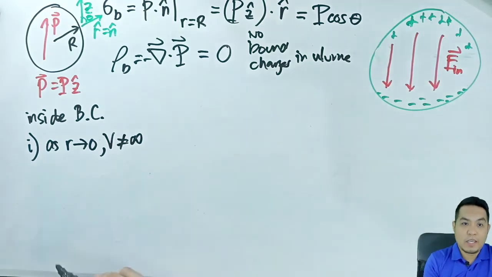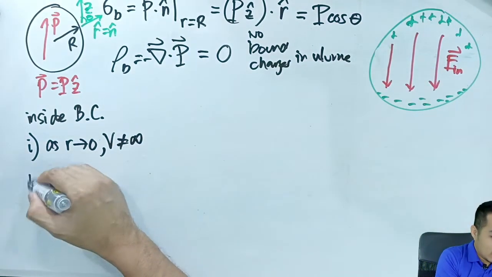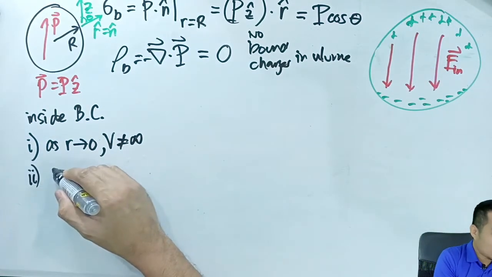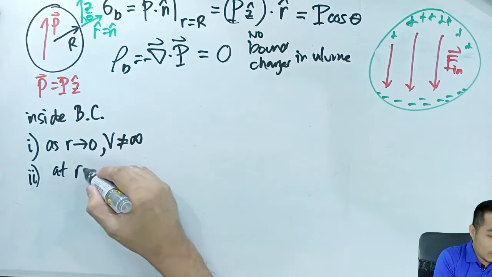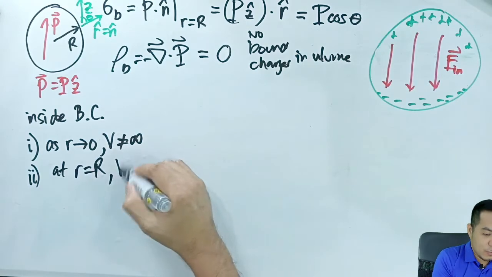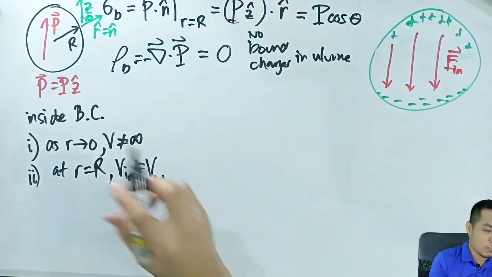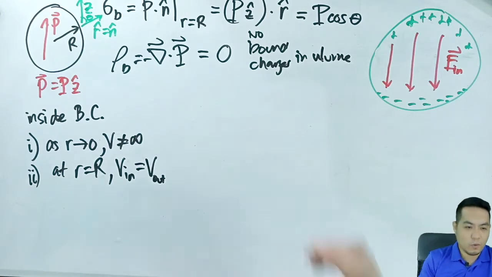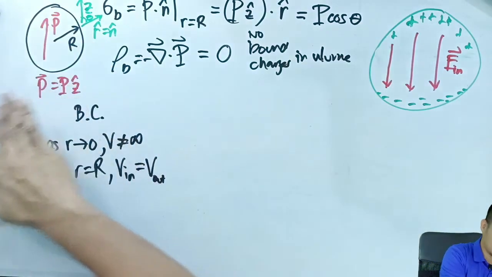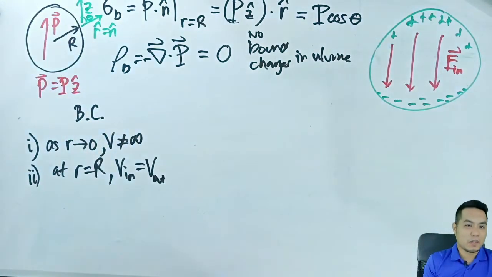It must not be infinite. And at r equal to R, the potential inside must be equal to the potential outside.